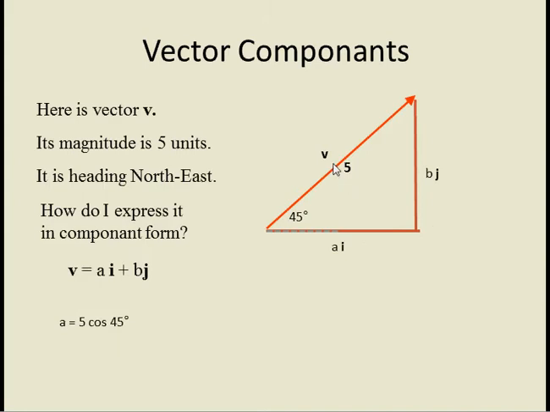Adjacent over hypotenuse is cos. And b, we're using sine this time, 5 sin 45 degrees. If we sub in the numbers, you'll get that v is 5 root 2 over 2 i plus 5 root 2 over 2 j.